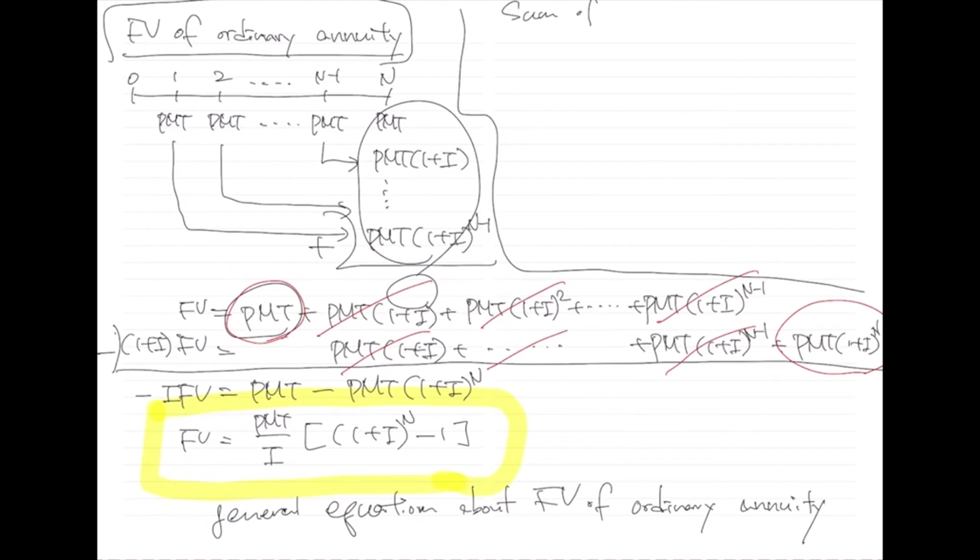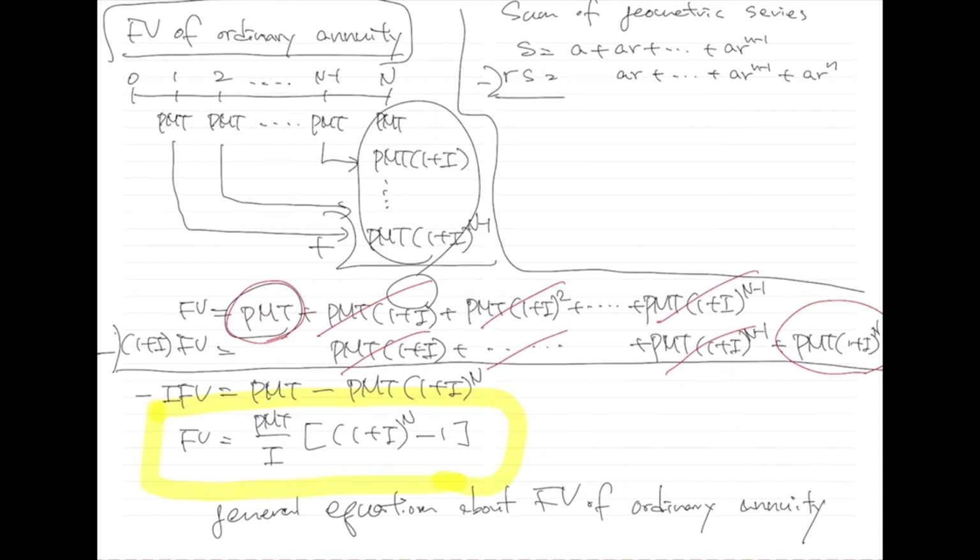Sum of geometric series. So S is A plus AR up to AR^(n-1), and multiply R on both sides, you get AR up to AR^n.